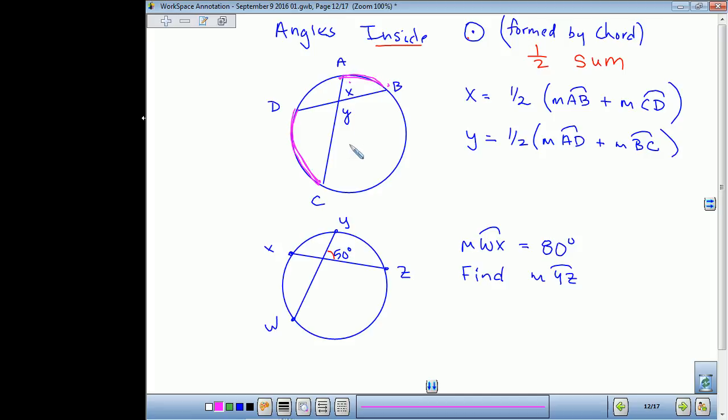Inside, half the sum. That's the arc BC. So y is half AD plus BC.